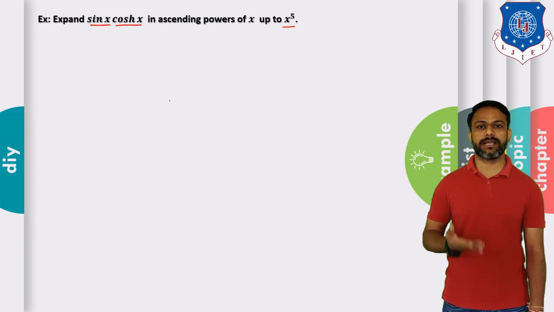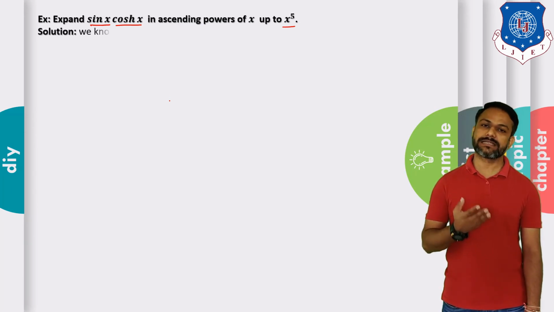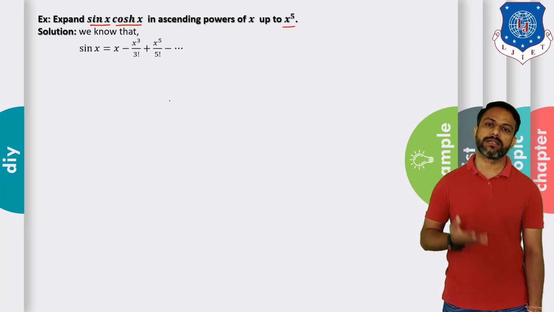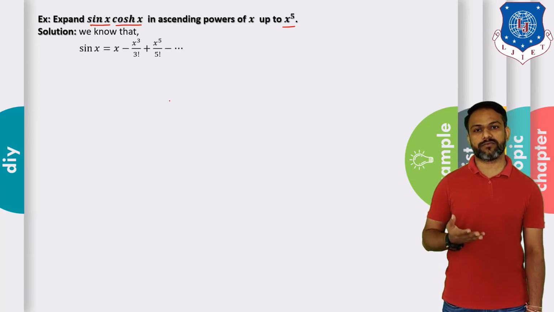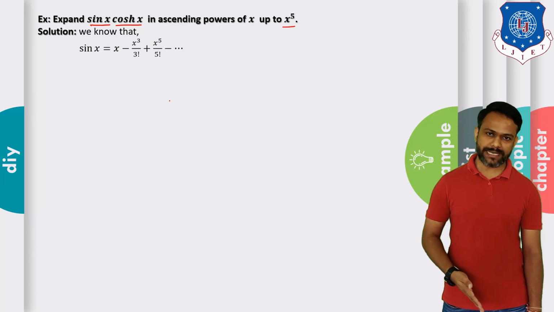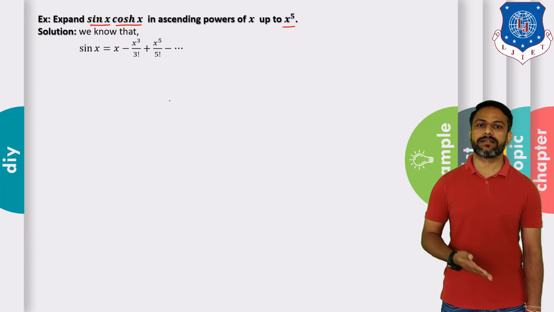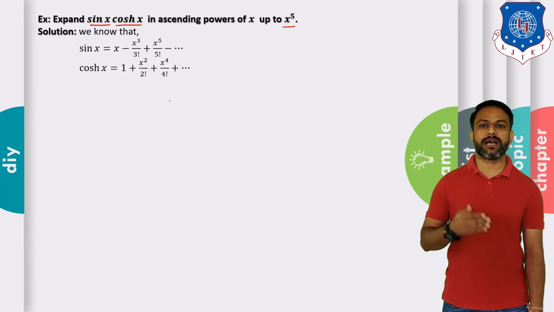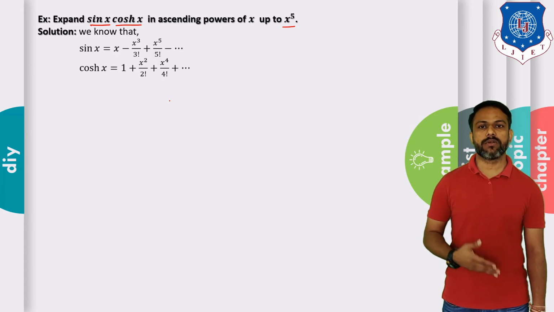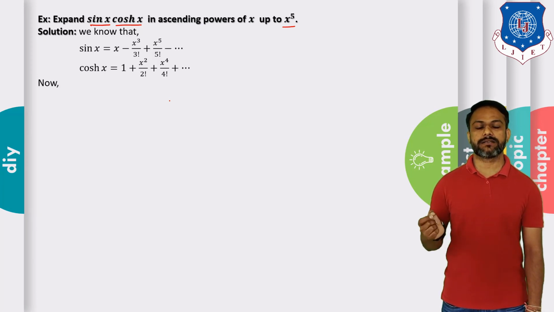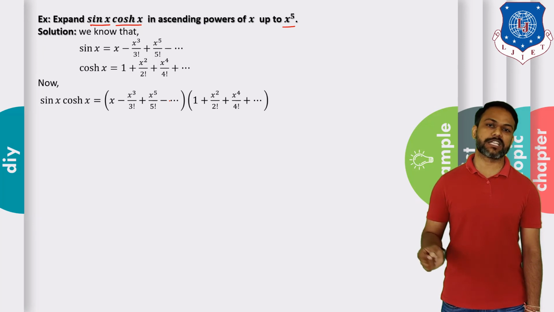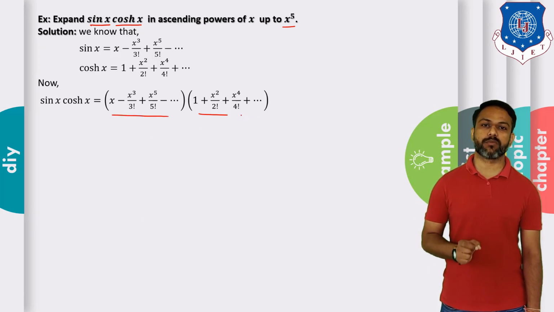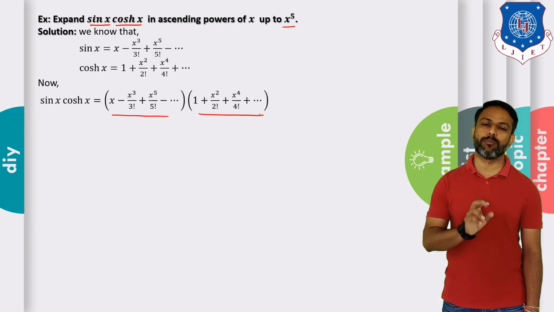We know the standard expansion of sin x and the standard expansion of cos hyperbolic x. Now just multiply the two standard expansions. We have these two brackets.